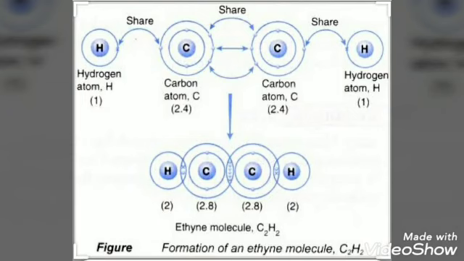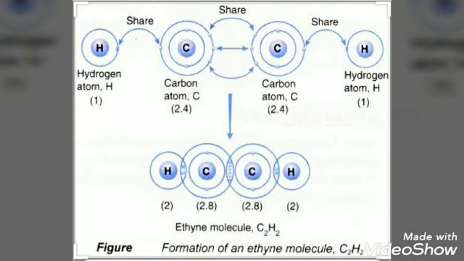Let us take one more example, the formation of ethine. Ethine is a covalent compound made up of 2 carbon atoms and 2 hydrogen atoms, and its formula is C2H2. In the formation of the ethine molecule, 2 carbon atoms share 3 electrons each to form a triple bond among themselves.